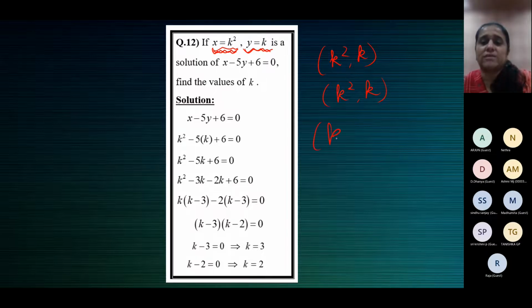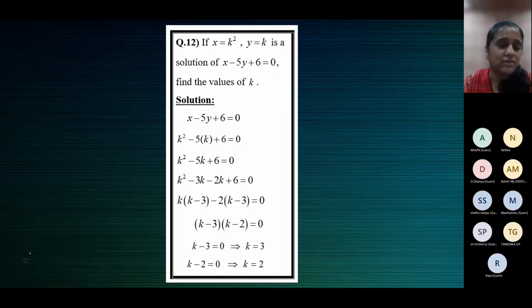So that means k square comma k is a solution. So if k square comma k is a solution of x minus 5y plus 6 is equal to 0, find the value of k. Same thing here. Instead of x, use k square and in place of y, use k.